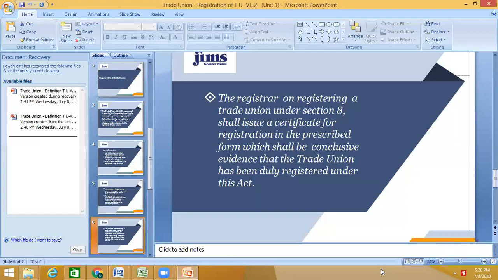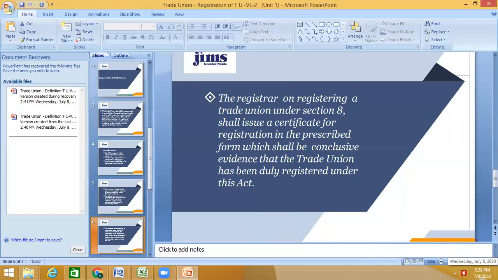And the other important thing is, while you are going for the registration of the trade union, once you have complied with all the formalities, the mode of registration, you have complied with the application for registration, you have forwarded it, and you have observed all those provisions to be contained in the rules for the trade unions, then once the registrar is satisfied, the registrar will register your trade union and will issue a certificate for the registration in the prescribed form, which shall be conclusive evidence that the trade union has been duly registered under this act.